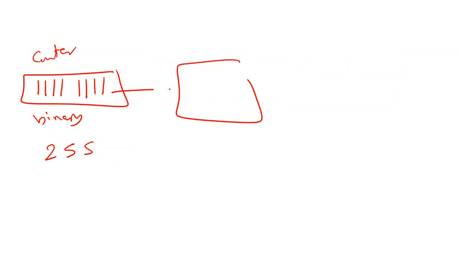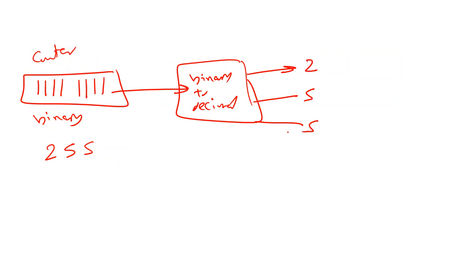This conversion is called binary to decimal conversion. It has to take this number and give me the digits 2, 5, 5. If you give me digits, I can display them on the LCD, or on the 7th segment.